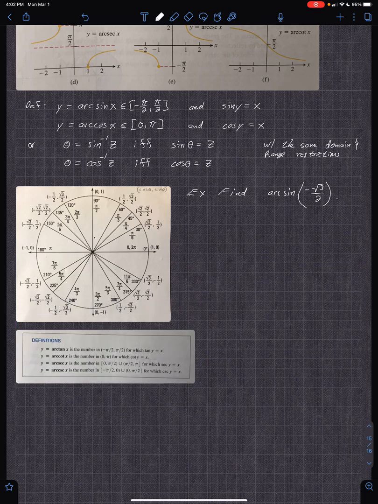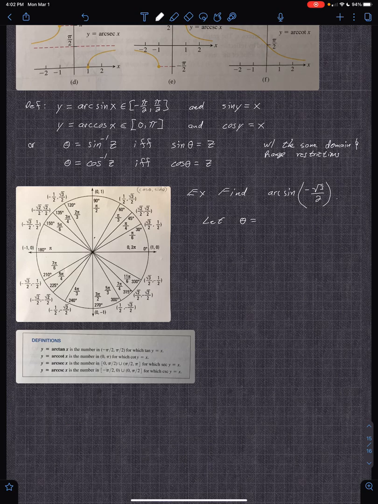So I'll say let theta, and that's the thing, this is an angle, right? So when you're solving this, we are saying that this is an angle. So arc sine, and you think of these interchangeably when you say arc sine and sine inverse. So it is an angle. So I'll say theta is that angle.